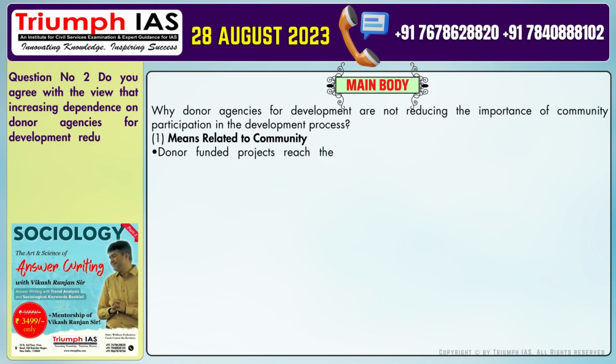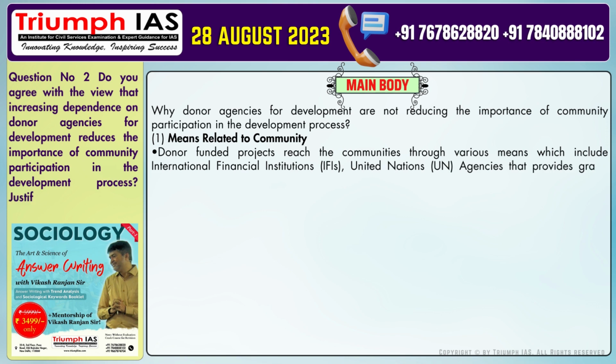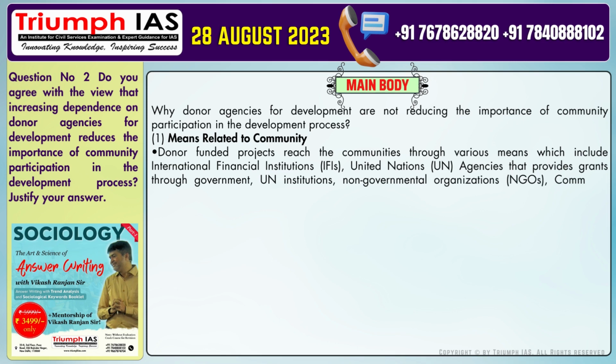A. Donor-funded projects reach the communities through various means which include international financial institutions, IFIs, United Nations, UN agencies that provide grants through government, UN institutions, non-governmental organizations, NGOs, community-based organizations, CBOs, to initiate programs in the society.